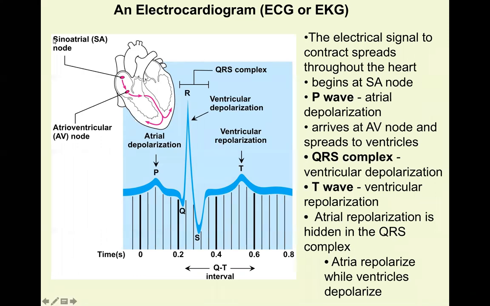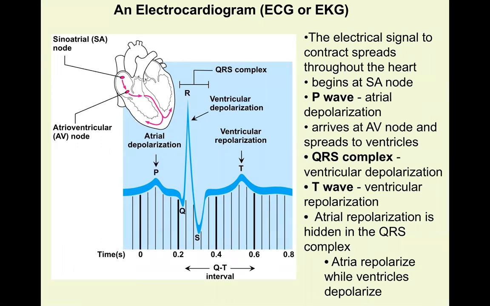From the SA node, the electricity spreads through the atria, and the atria depolarize. They become electrically excited. Thus, the first wave here in an EKG, which is called the P wave, indicates atrial depolarization. Next, the electricity arrives at the AV node, located between the atria and ventricles.